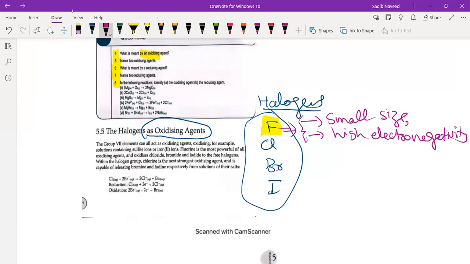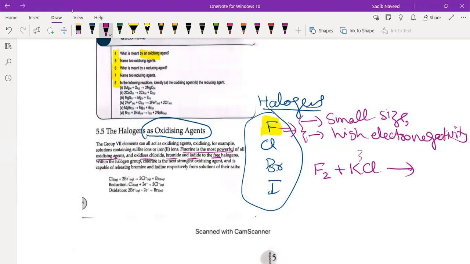So this is one he is writing over here. Fluorine is the most powerful of all oxidizing agents and oxidizes chloride, bromide, and iodide to free halogen. This is a very important topic we are going to discuss. If fluorine is a stronger oxidizing agent, and it reacts with KCl, what will it do with the KCl?